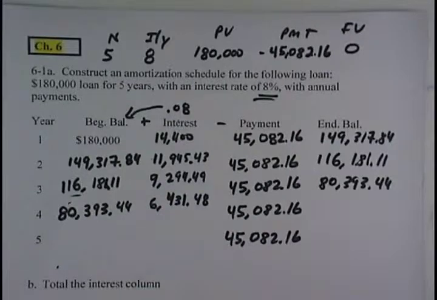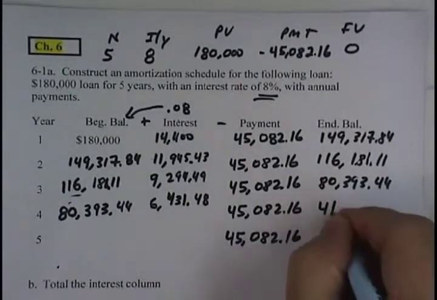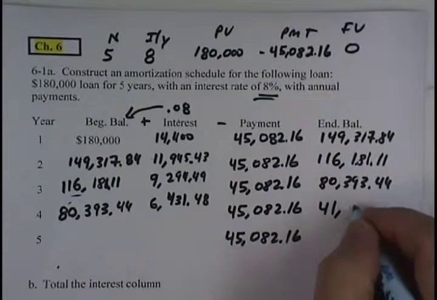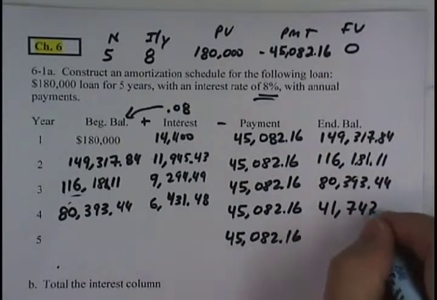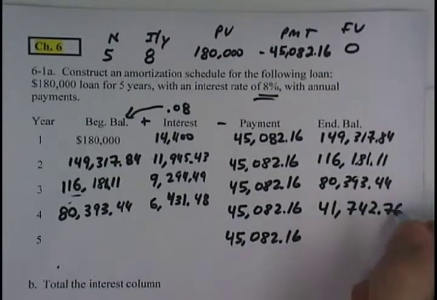Add it on to my $80,393.44 balance, and I'll take off my $45,082.16 payment. My loan balance is down to $41,742 and 76 cents.